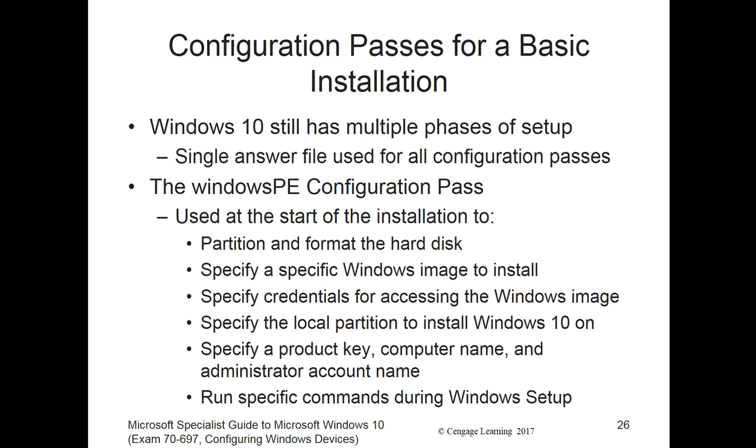Specify a specific Windows image to install. Specify credentials for accessing the Windows image. Specify the local partition to install Windows 10 on. Specify a product key, computer name, and administrator account name. Run specific commands during Windows setup.